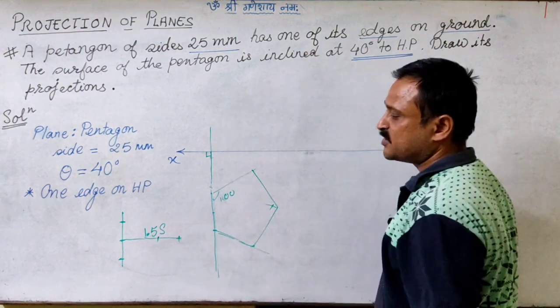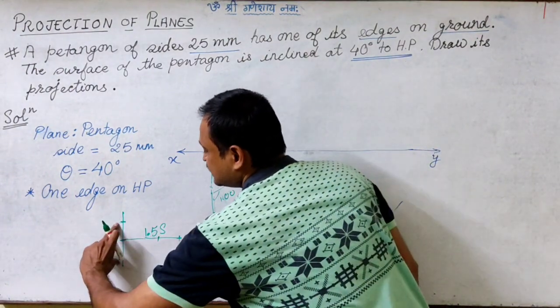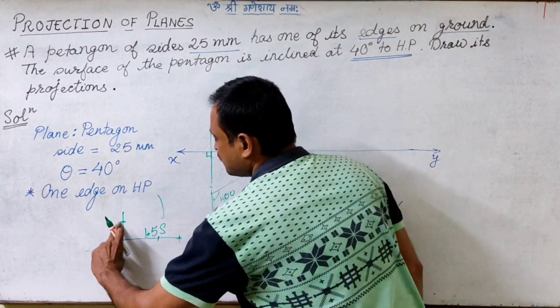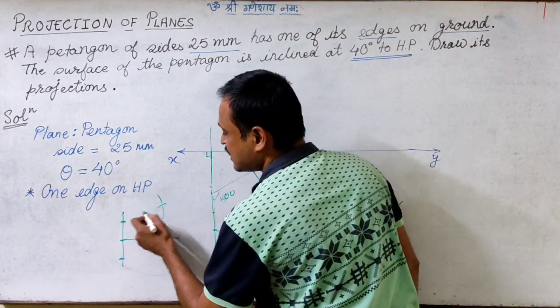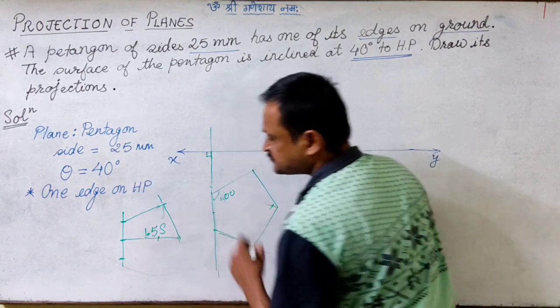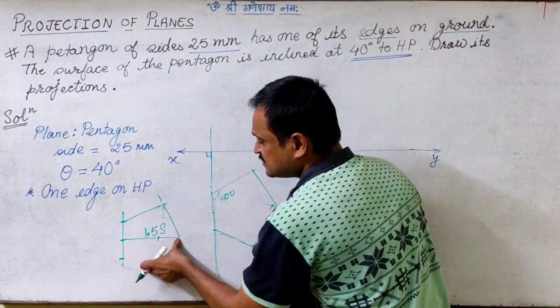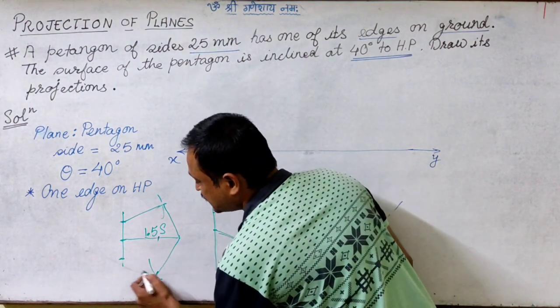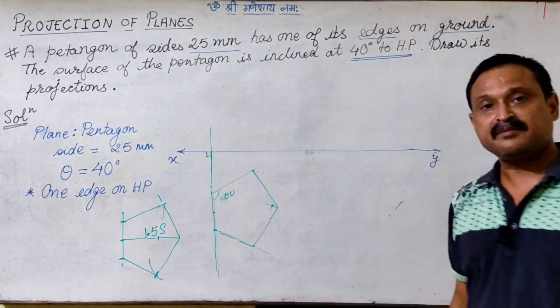So this becomes 1.5. Then we take this side length in the compass, with this as center we draw an arc, the same side in the compass, from this end we cut this arc, so we get these two sides. And similarly, side length in the compass, I draw one arc, this side length in the compass, we cut that arc. So I get the required pentagon.